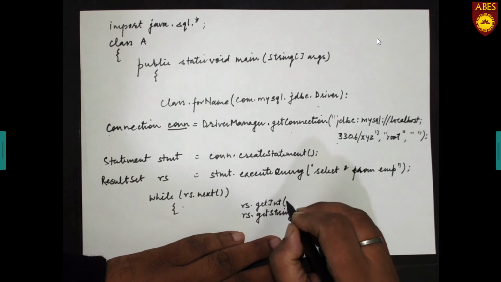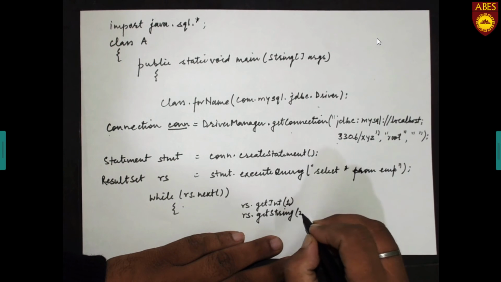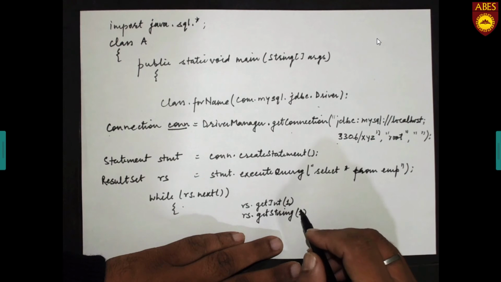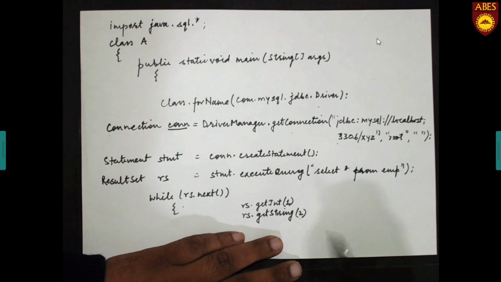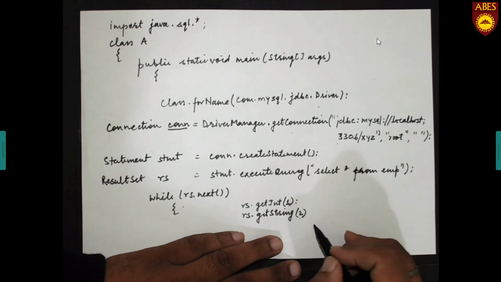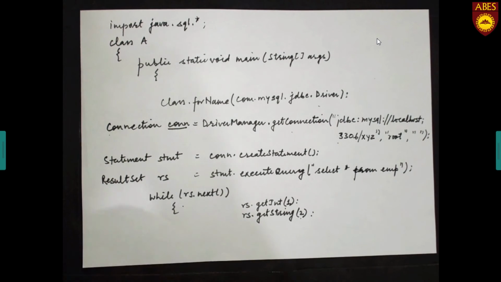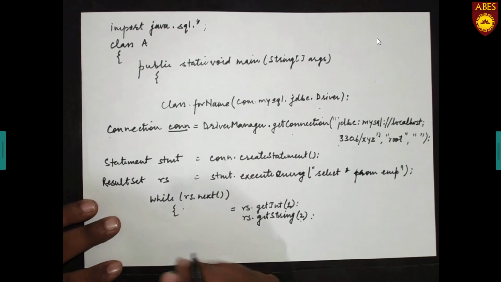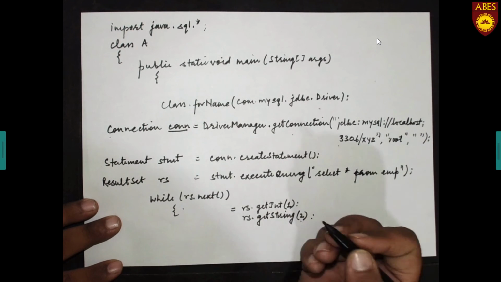So getInt 1, getString 2, where 1 is the location: employee number is at the first location and the name is at the second location. So rs.getInt 1, rs.getString 2, and the result will be stored in variables.